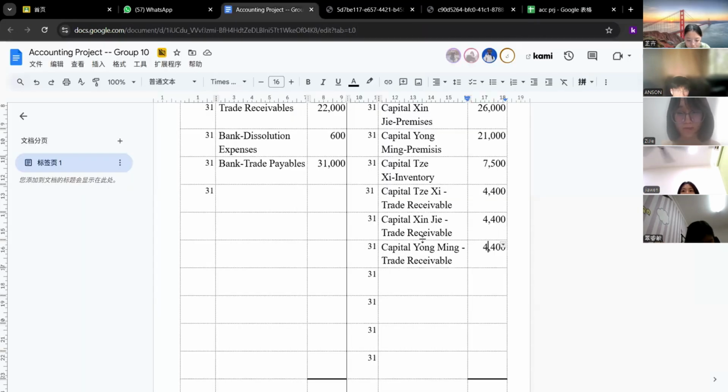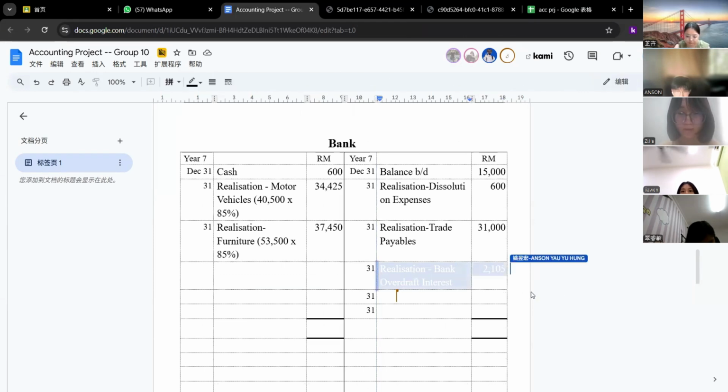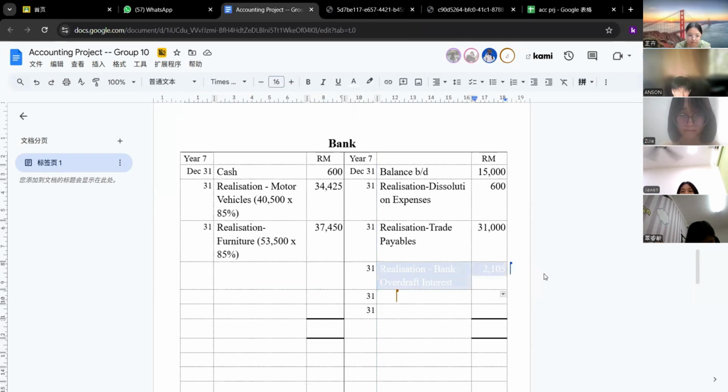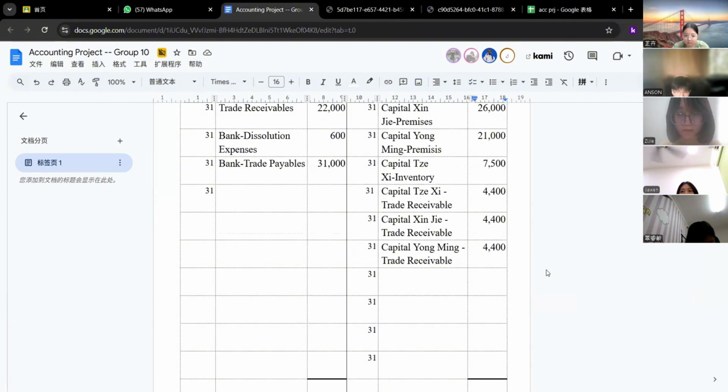Then accrued bank overdraft: accrued means not yet paid, so we must credit this into the bank account and we must write realization, bank overdraft interest, amounting 2,105 ringgit.